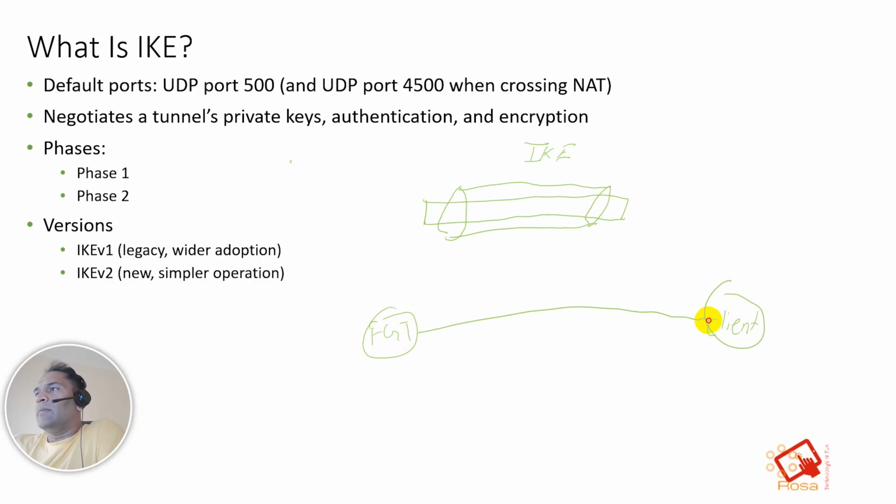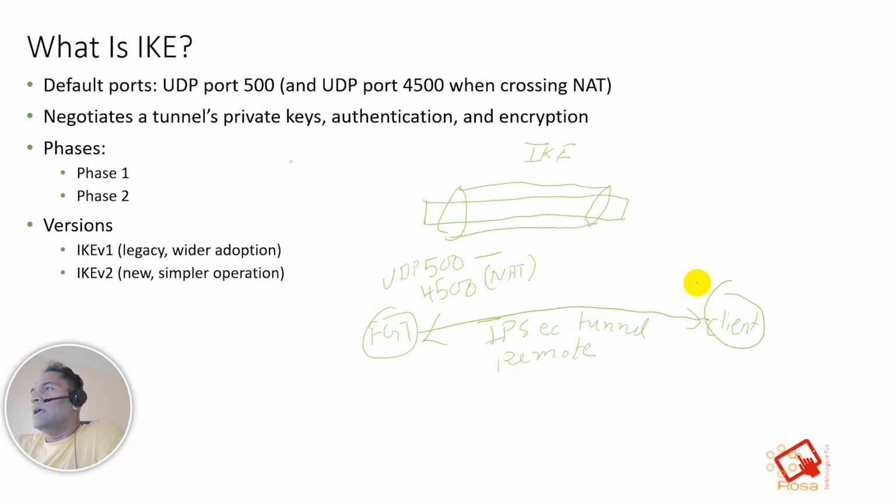If you want to have an IPsec VPN tunnel between them, or you can say a remote access IPsec tunnel, the FortiGate should be reachable from the client on port 4500 if it is behind a NAT device, and otherwise the default port is UDP 500, which is when NAT traversal is not enabled.